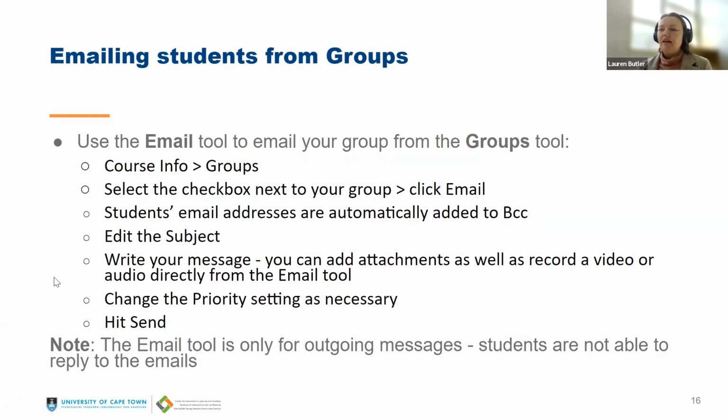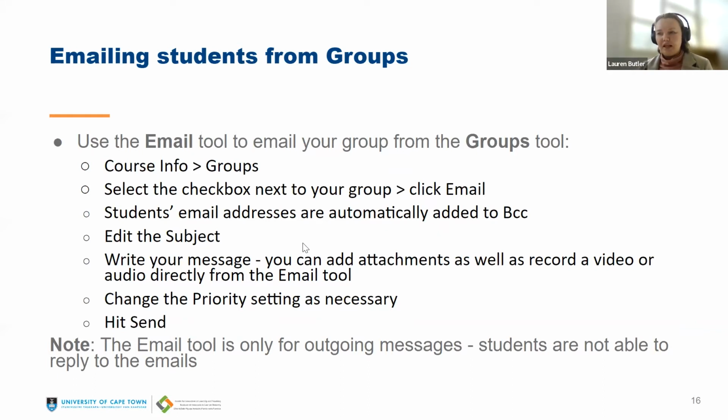Then from the groups tool, you can email the students that are in your group specifically. You can stay in the groups tool where you are now, and there's a little checkbox next to the group in the list of groups on that page. Click on that checkbox and then select the email tool.